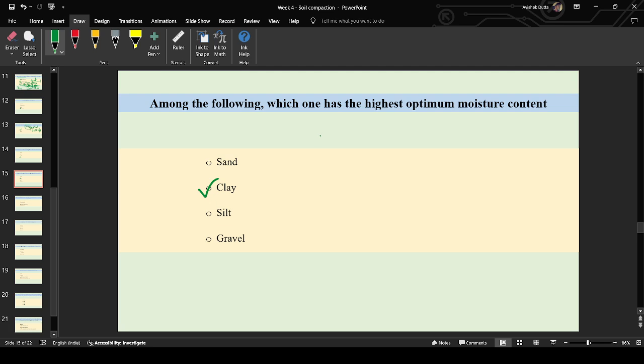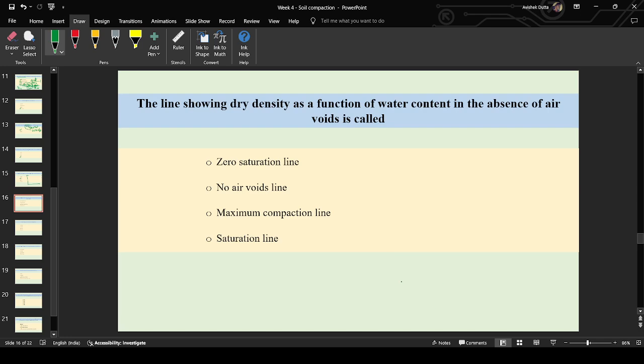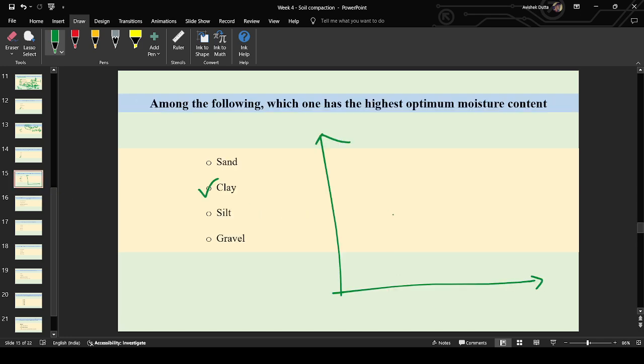Okay, there is a graph where some types of soils have been mentioned. Yeah, this is the moisture content, this is the dry density.